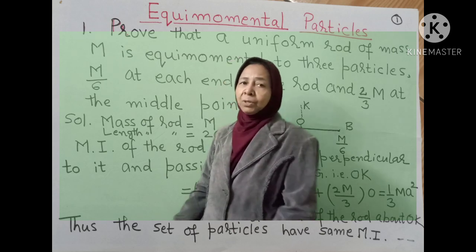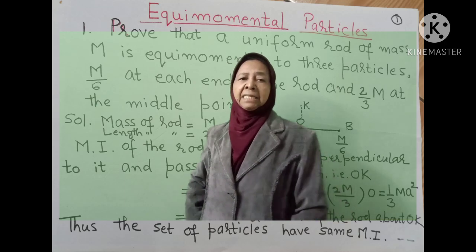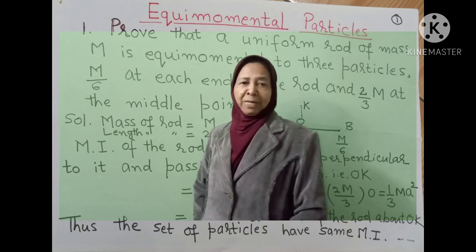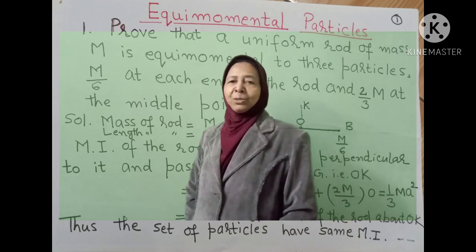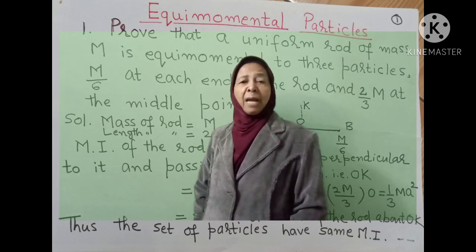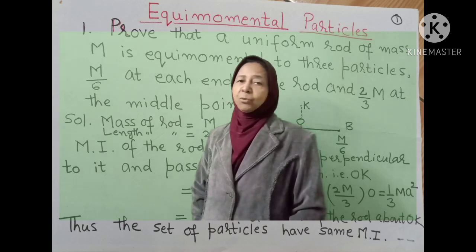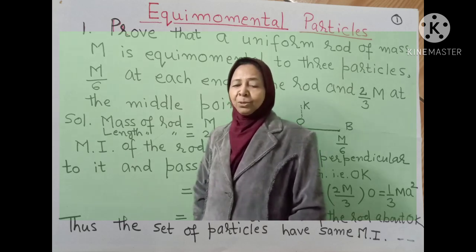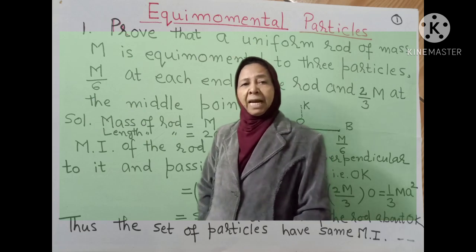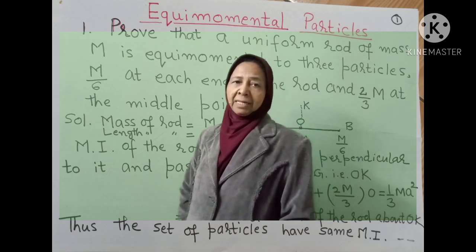So, you know the definition of moment of inertia. It is mass into perpendicular distance square. So, one mass m by 6 is placed at A. It is at a distance a if 2a is the length of the rod. So its moment of inertia will be m by 6 multiplied by a square.